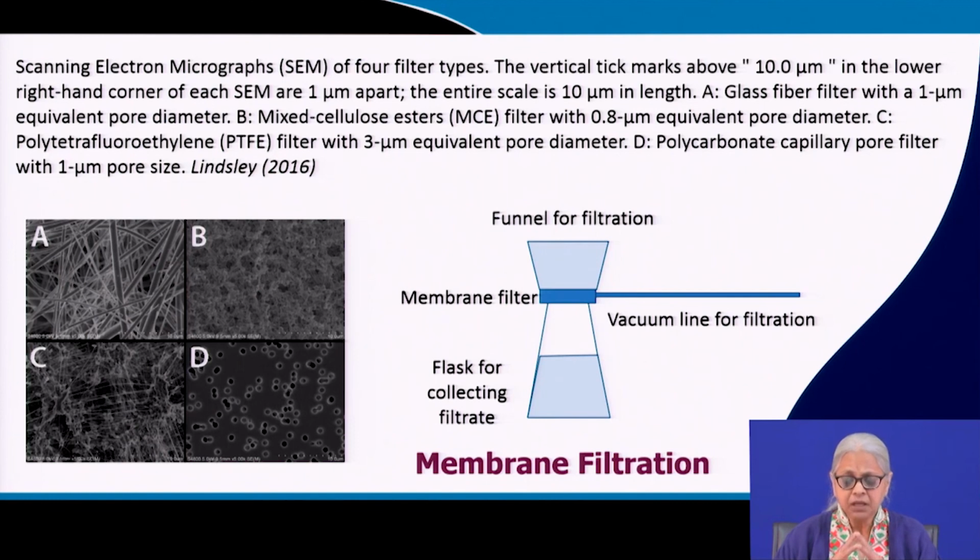None of the pores in these filters is uniform. They all have a large variation in pore sizes. There used to be a standard practice of using pure protein solutions with a defined molecular weight to determine the pore sizes. Those were called effective pore sizes. Here we have equivalent pore sizes.